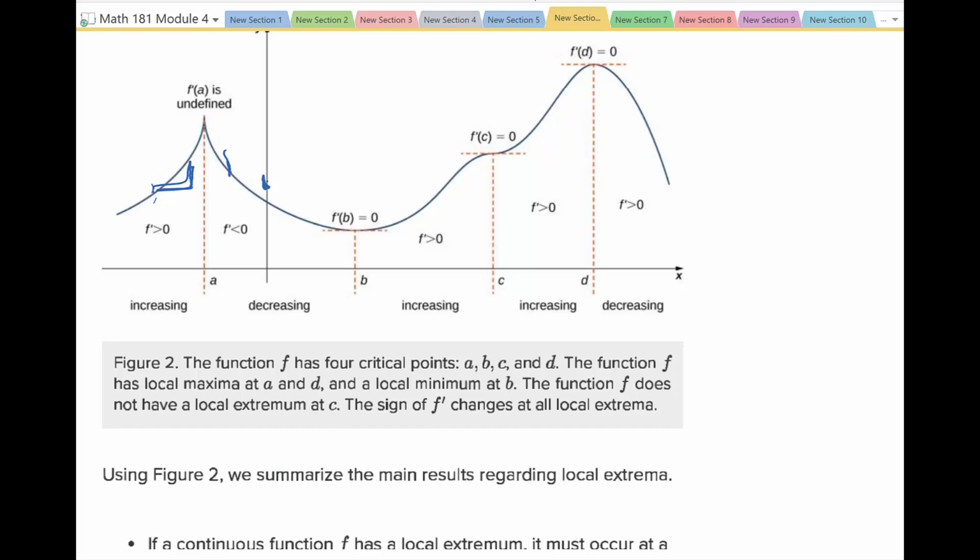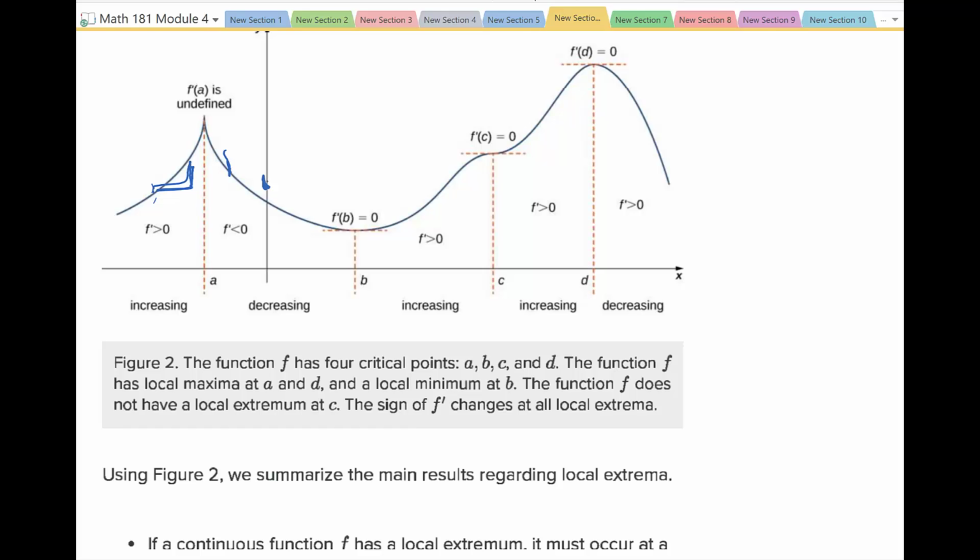If f prime is a decreasing function, well, it's going to depend. If it goes from increasing to decreasing, then it's going to be a maximum, or local max, so it's concave up, down. If it's going down, then up, that's a minimum, so it's concave up.